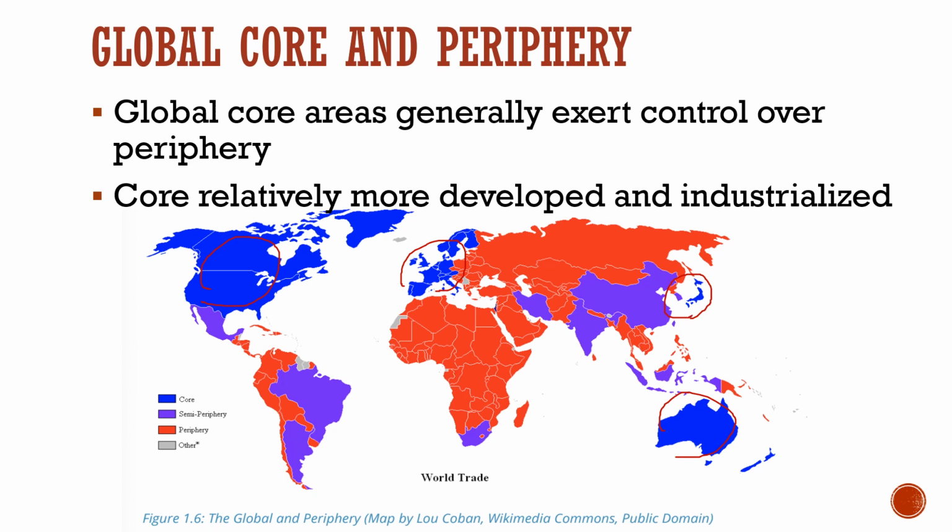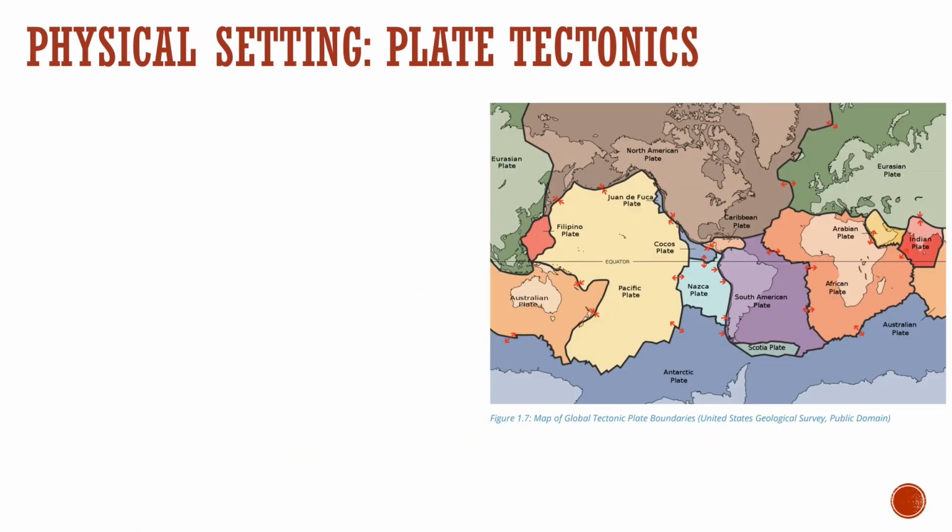Again, these are our core areas worldwide that provide a lot of that industrialization. Whereas the periphery, globally, is more areas like Russia, Africa, and most of South America. This is more, again, supporting those core areas.